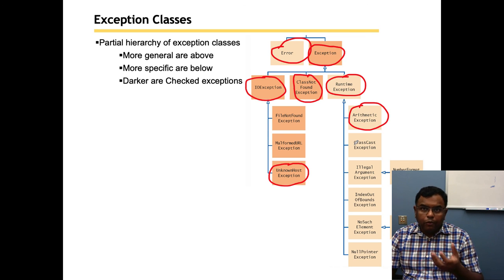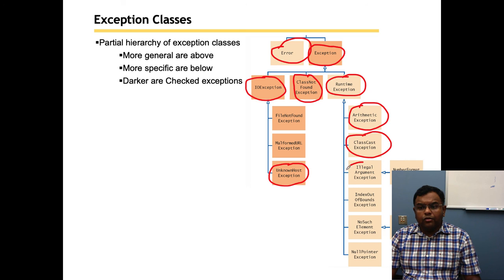From floating to integer, usually we take the integer part of the floating number, but there can be certain cases when the cast cannot be done. Then this kind of exception can happen. Remember, if these exceptions are not handled, sometimes you will see some error message in Eclipse, but for these you will not.